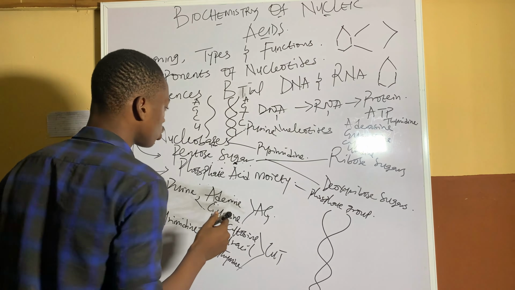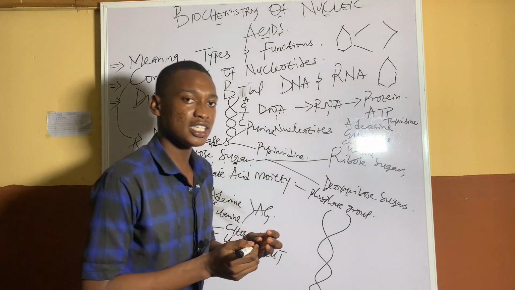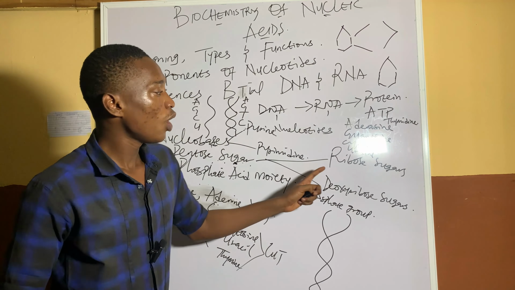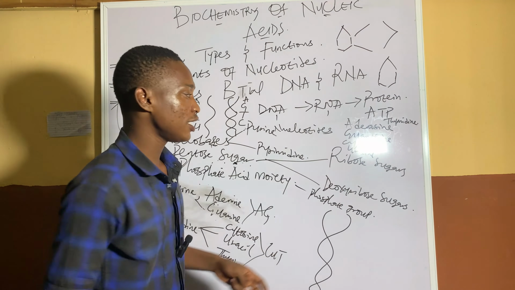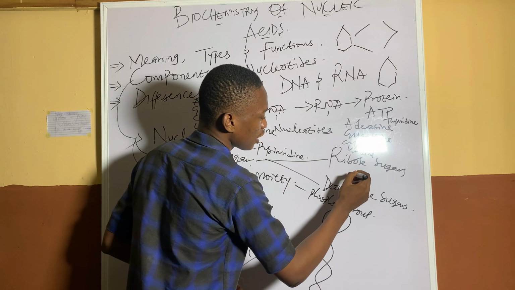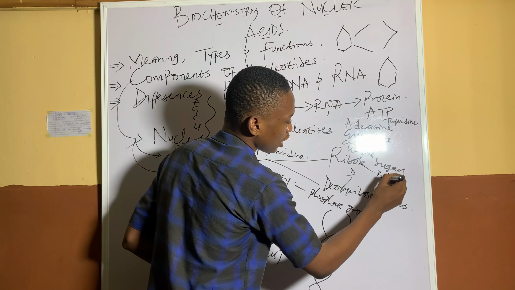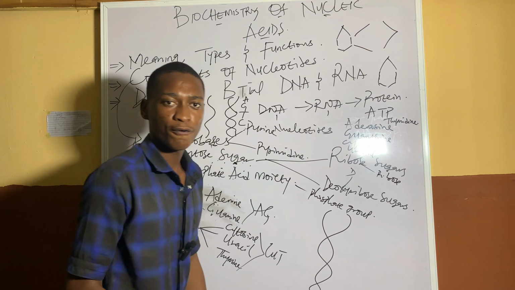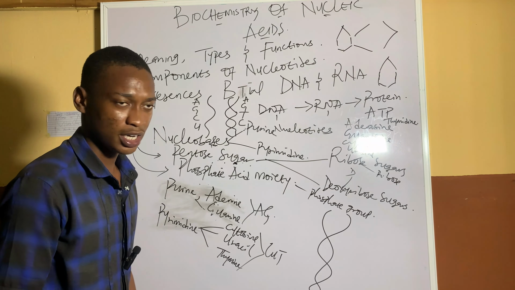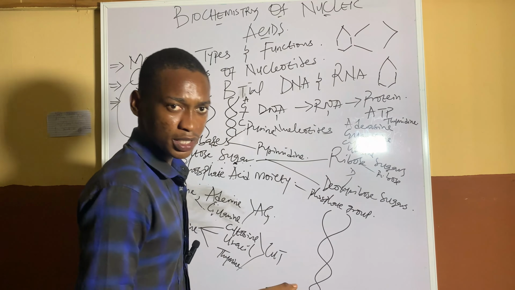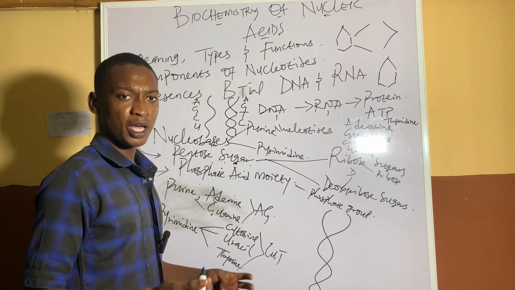Another difference I also want us to understand is in the sugars. Remember I said 5 carbon sugars. When I'm trying to form my DNA, I use the sugar deoxyribose. Are we together? In my RNA, I use what? Ribose sugars to form my nucleotides. Are we together now? Now, I want to also say something. That is what we call the base pair rule.